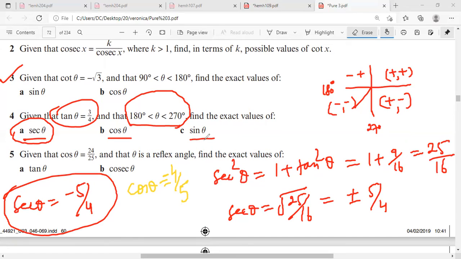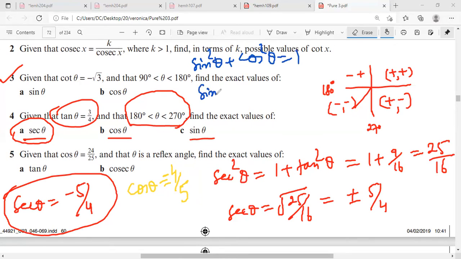And to find the value of sine theta, you know this identity, sine square theta plus cos square theta is equal to 1. Cos is minus 4 by 5.